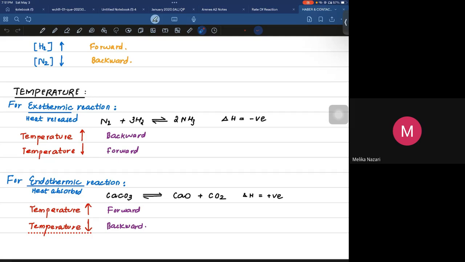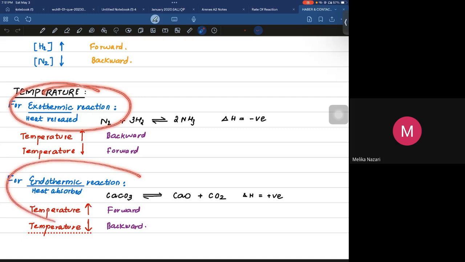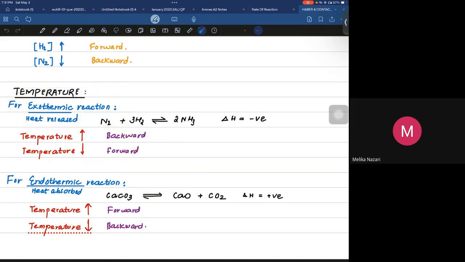I'm talking about an endothermic reaction, so I can say the reaction moves forward. So when I'm going to decrease the temperature of an endothermic reaction, it would move backward. If you know about the exothermic reaction, it is just opposite to that thing. Are you getting my point? Yes.